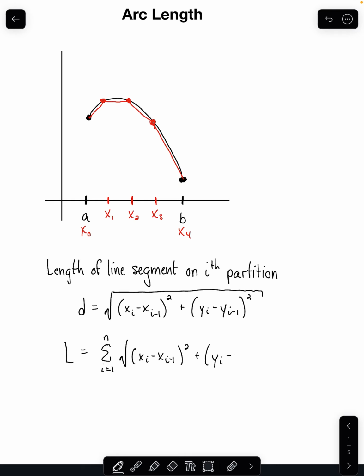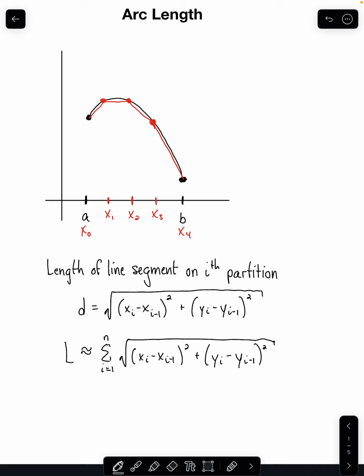So for each partition, if we perform this procedure and we add the lengths together, we will get the approximate length of the arc. Of course, if we put a limit as n approaches infinity in front of this, it can turn into an integral that will give us an exact value.